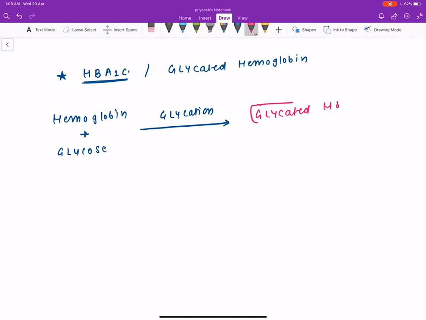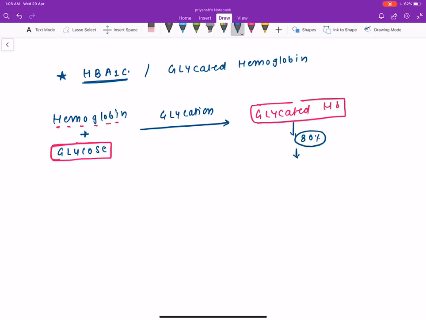The reason why I am explaining this is that the glucose molecule can attach on various different sites of hemoglobin. But 80% of the time it will attach on the same site.